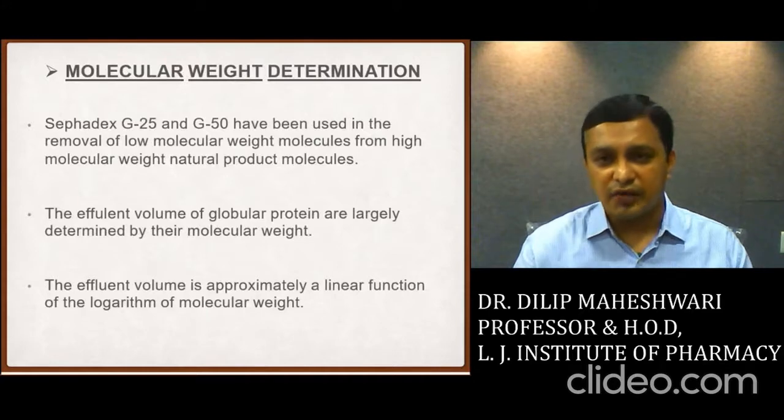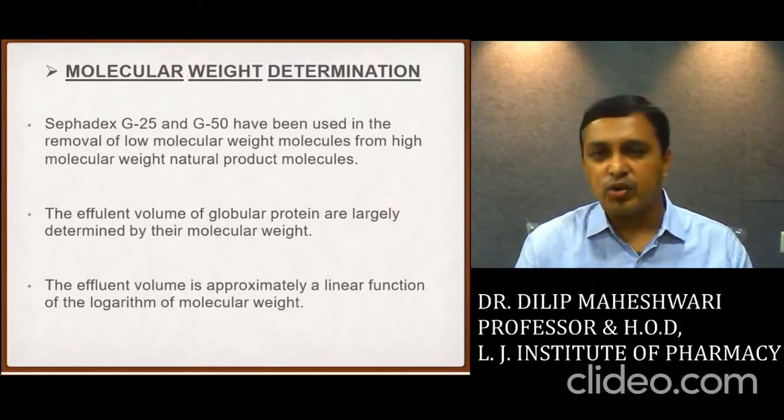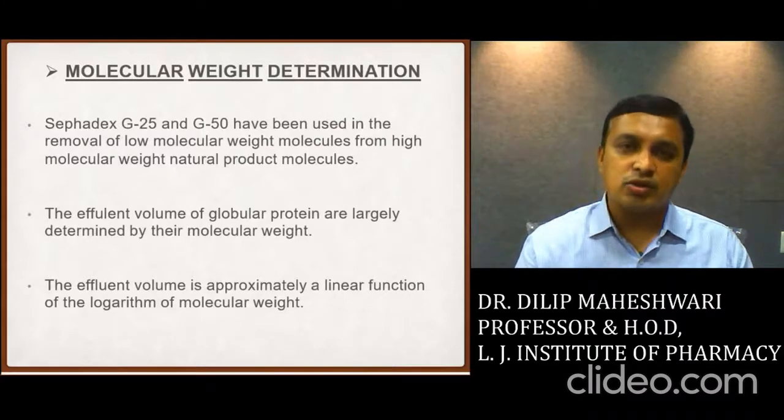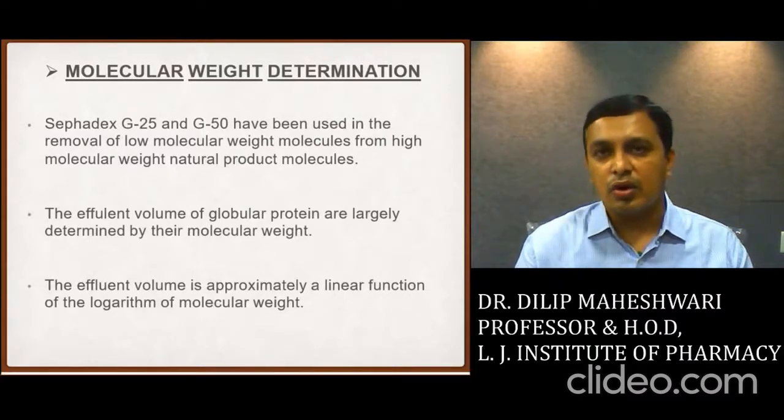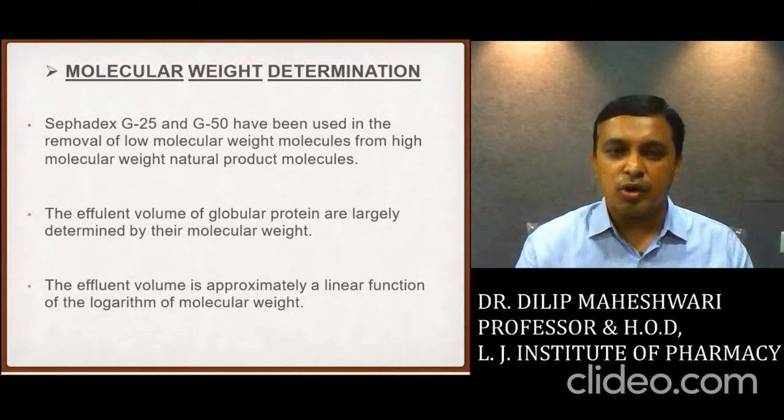Molecular weight determination. The compounds are separated on the basis of size, so molecular weight determination can be done by this chromatography. Sephadex G25 and G50 have been used in the removal of low molecular weight substances from high molecular weight natural product molecules.